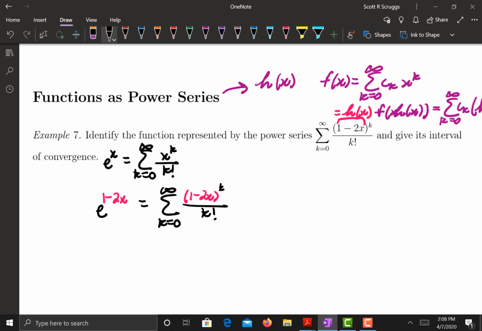Well, let's now check if the interval of convergence still remains the same. Because recall that the original interval of convergence for the Maclaurin series is negative infinity to infinity.